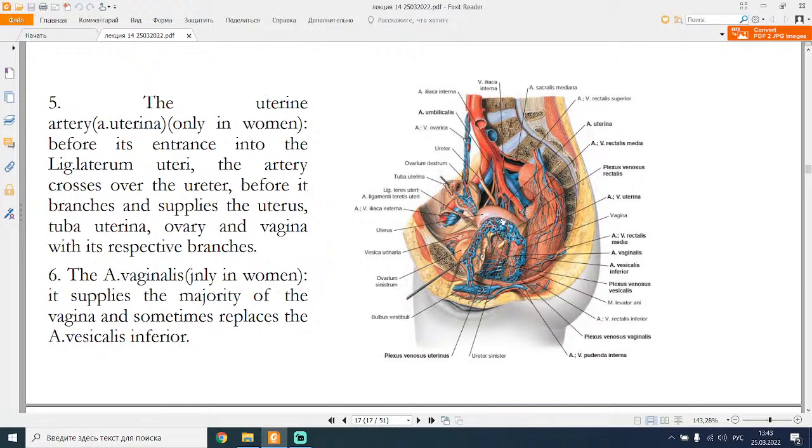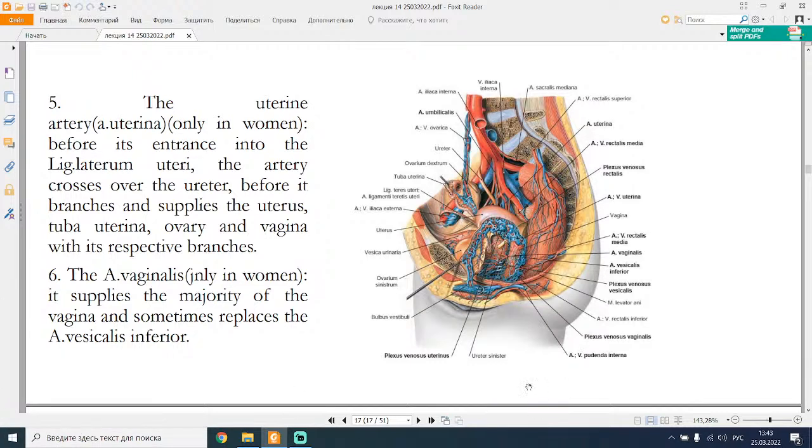Only in women, before it enters into the ligamentum latum uteri, the artery crosses over the ureter before it branches and supplies the uterus, tuba uterina, ovary, and vagina with its respective branches.